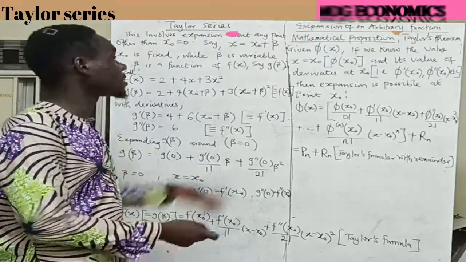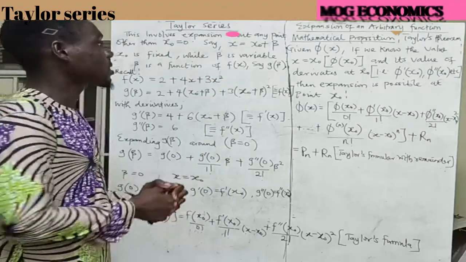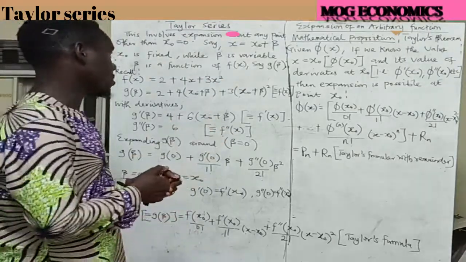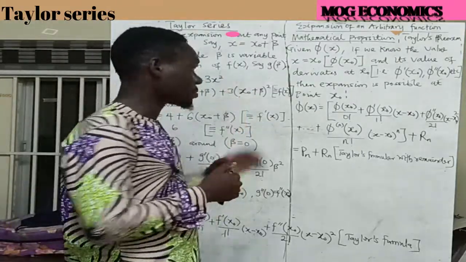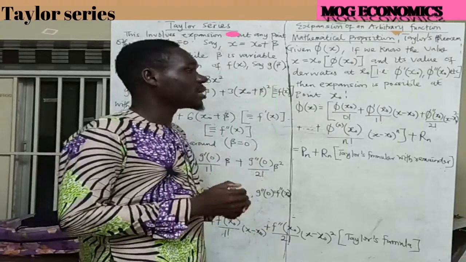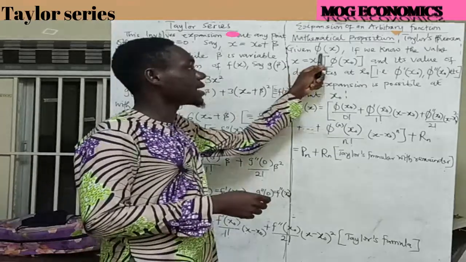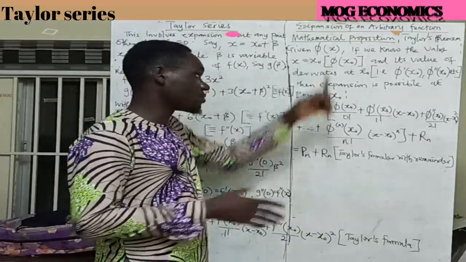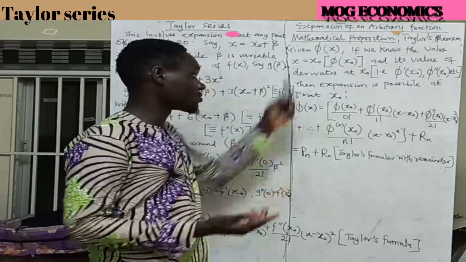All right. So finally, we are going to be looking at the expansion of an arbitrary function. So now here we are going to draw on a mathematical proposition which is called Taylor's theorem. Now, Taylor's theorem says that given an arbitrary function, a general arbitrary function, the form is not specified in this case.